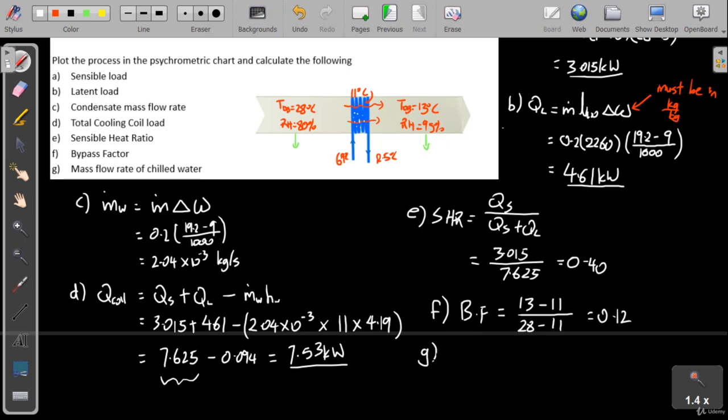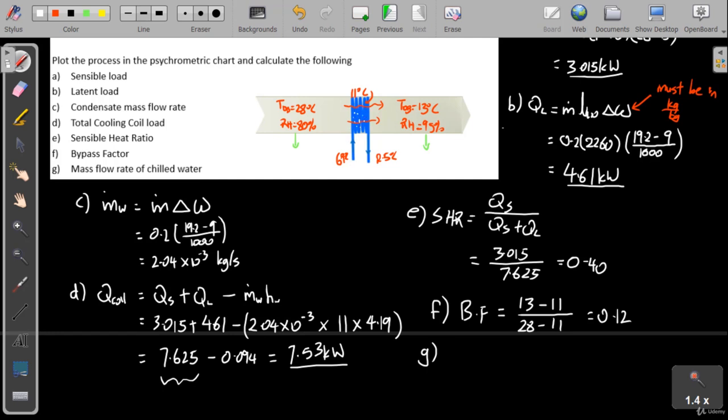And finally, part G. Part G, they ask for the mass flow rate of chilled water. So you are given the supply temperature of the chilled water and the return temperature of the water, but you are not sure what the mass flow rate is. We can find this by assuming the amount of heat gained by the water is equal to the cooling coil load.